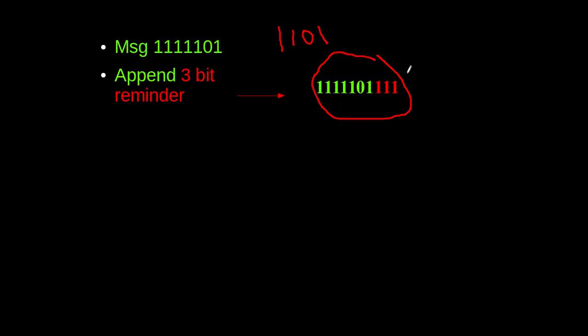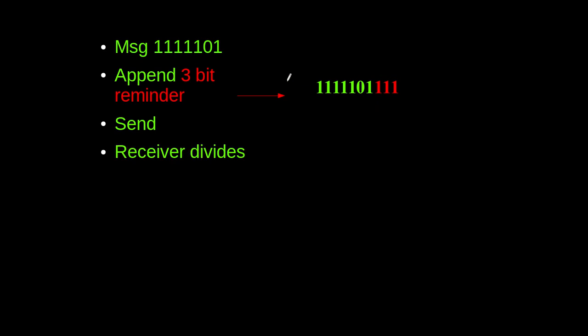He'll take that key and divide this by what? Do a long division on 1 1 0 1. The receiver receives and does a long division, and checks that the remainder equals 0.